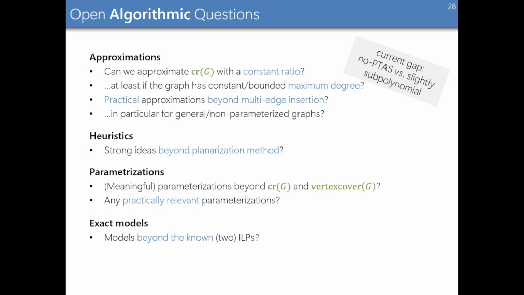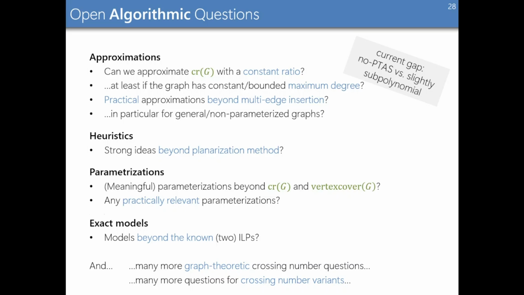And for the exact models, we only have these two ideas. We either make the graph very large or have these linear ordering polytopes on every edge in order to resolve their realizability problem. We don't have any other idea to formulate the crossing number problem in the mathematical programming world. Any other idea would be very welcome, but there is none as of now. Perhaps you're going to change that.